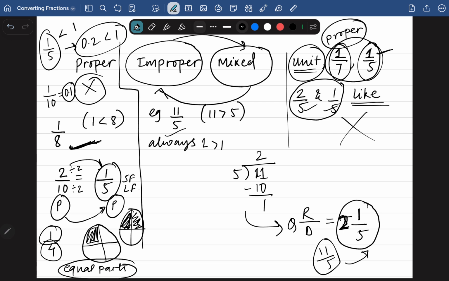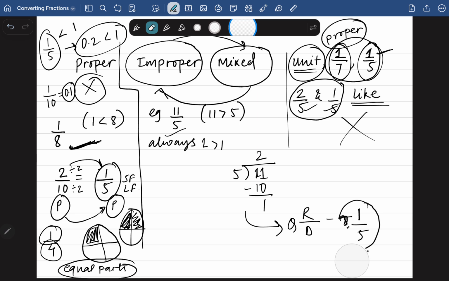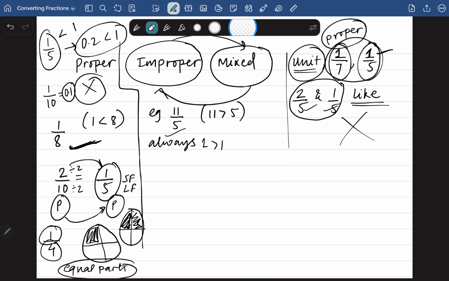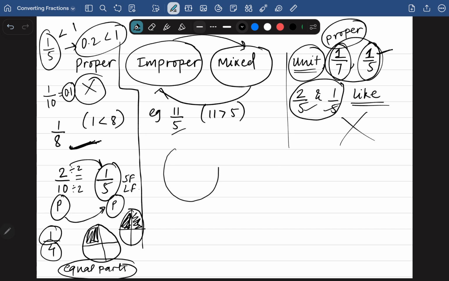So let's say I don't know how to convert improper to mixed, and I want to draw my pizzas for this fraction 11 over 5. How can I do it? As I said, the denominator always represents how many equal parts the pizza or the thing has been cut into.